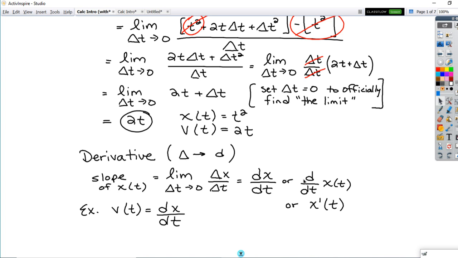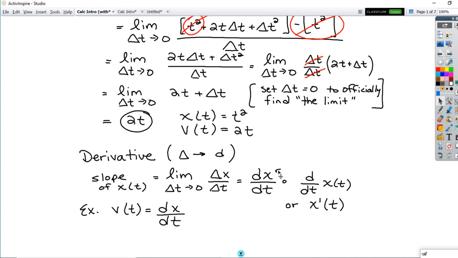An operator is something that operates, acts on a function and causes it to do something else. So when I take the derivative operator, d divided by dt, and apply it to x at t, it gets me the slope of x at t. So that's another way of writing it.